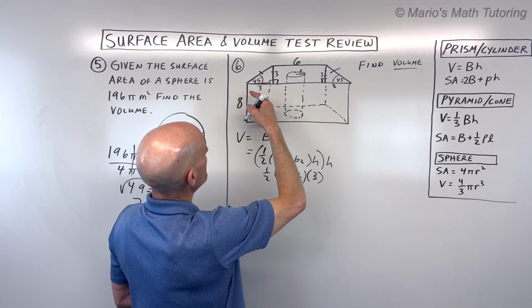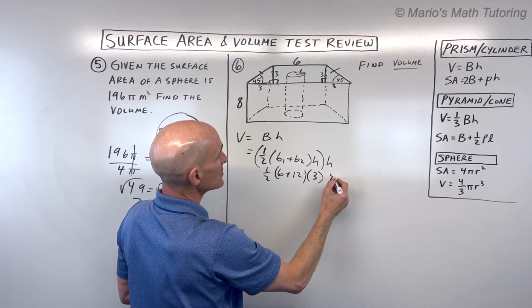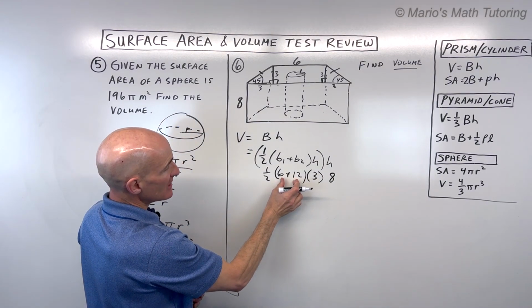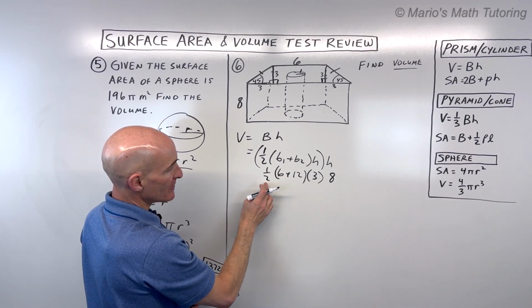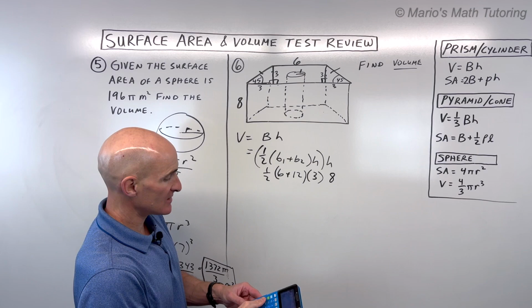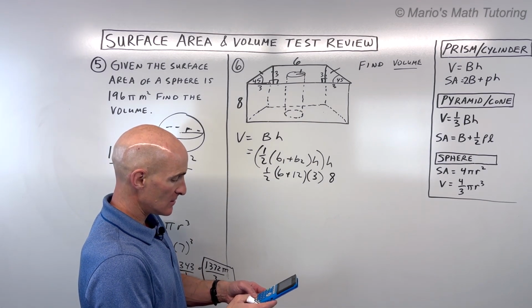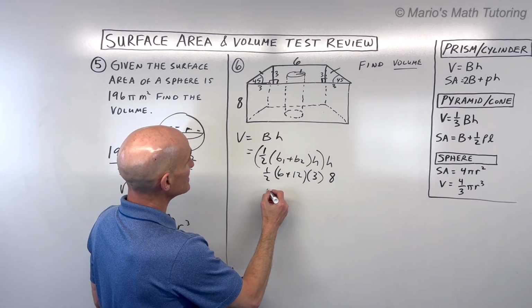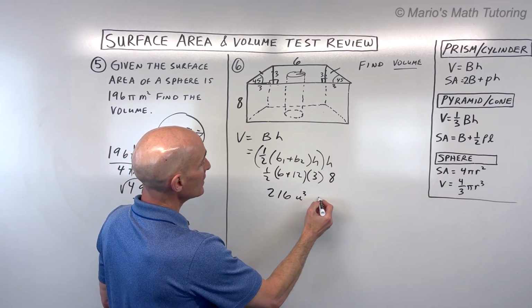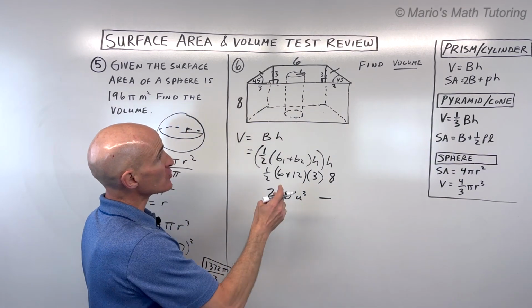Okay, and then we're going to multiply by the height of the trapezoidal prism, which is 8. Okay, so now we've got it. So 6 plus 12 is 18, times 1/2 is 9, times 3 is 27. 27 times 8 is 216, and this is going to be units cubed because it's volume, but we're going to subtract off the cylinder.